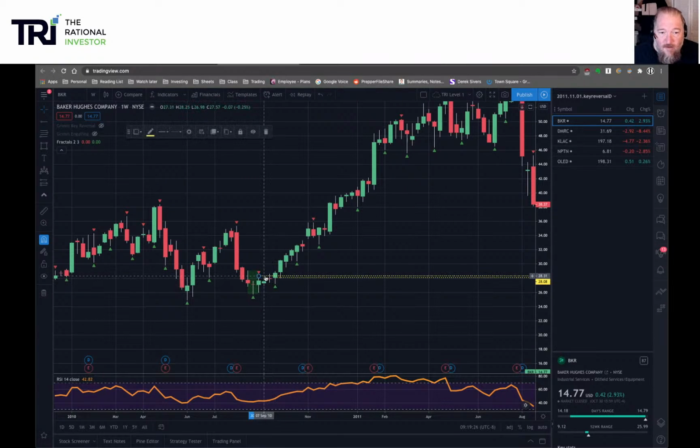Because the confirmation comes when we have a move above that fractal level. So this is the candle that confirms this fractal because we moved beyond that. This candle is the one where we saw price move beyond there.